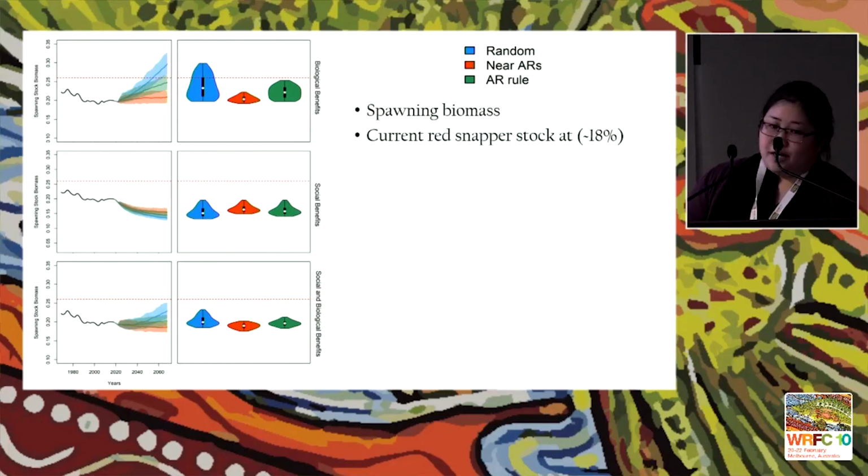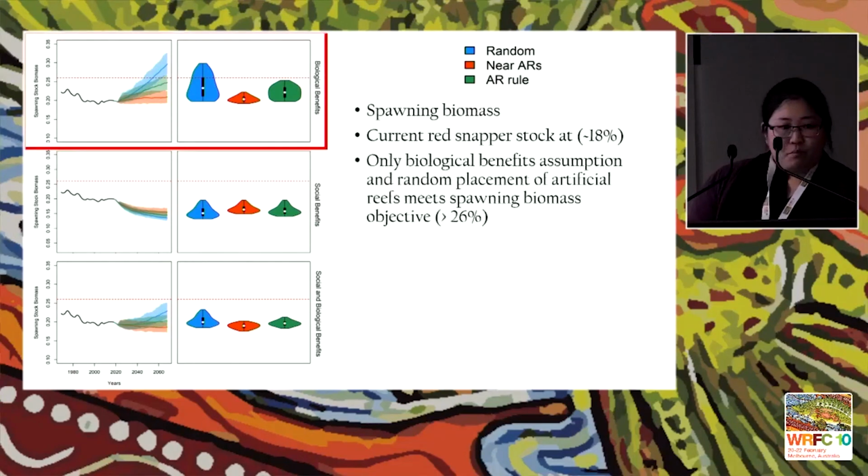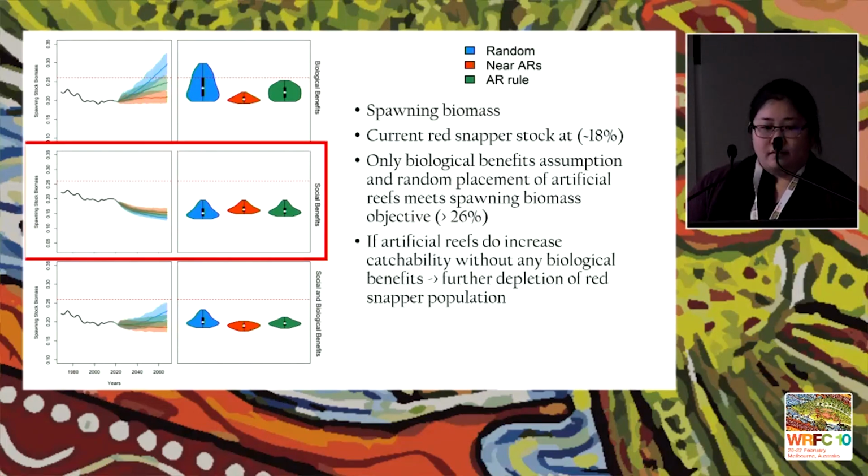We're looking at spawning biomass, and also note that the red snapper stock at the moment is at 18% of the unfished spawning biomass. It is lower than the 26%, but the population is considered as rebuilding. The only time it actually reaches above that 26% is when we assume that our fisheries do provide some biological benefits, that is, decreased natural mortality.